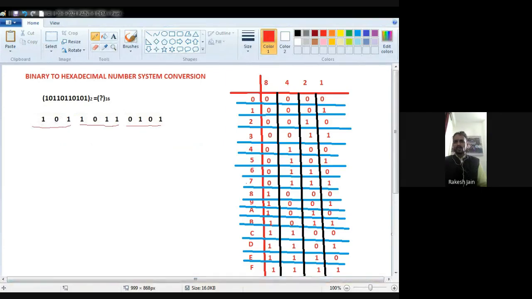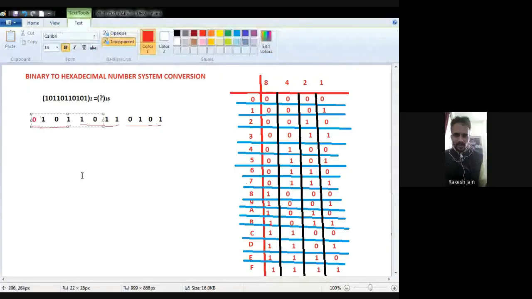Okay, now because we have to convert this into a hexadecimal number, just make a group of 4. So these are 4 bits, these are 4 bits, and here, see, it is only 3 bits, so if only 3 bits are there, then we have to add a 0.